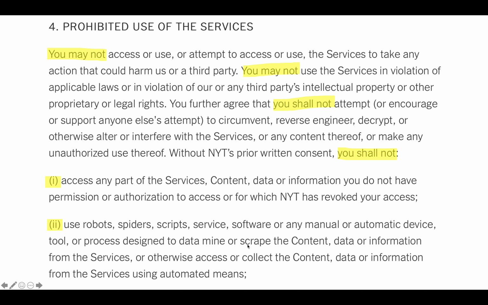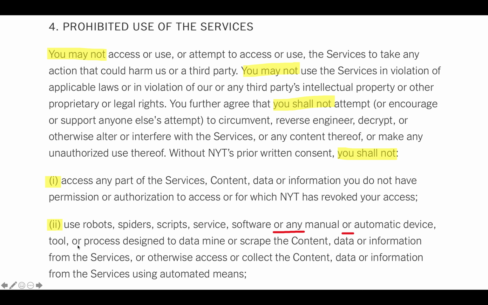If you look at this section 2, this is about what you can't do to basically data mine or scrape the content. And you'll see that there are many, many uses of the word "or." Sometimes there are commas and sometimes there aren't before the word "or." So in this phrase, there are no commas before "or." So I take that to mean that this phrase, "software or any manual or automatic device," comma, is standalone, that it has its own meaning.